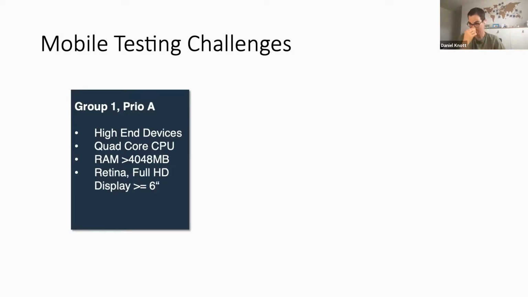We have users with high-end devices, quad-core CPU, lots of memory, really nice displays, big screens. So we have lots of space to design our app, and we can rely on powerful hardware. That's good. In this device group, I think at the moment we have 10 to 12 devices that represent those key facts.